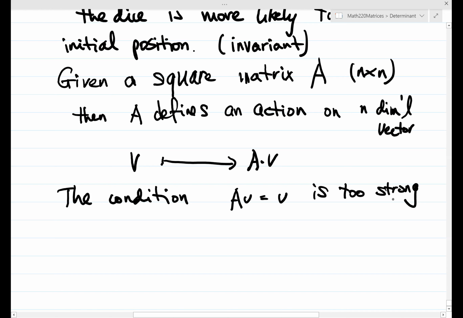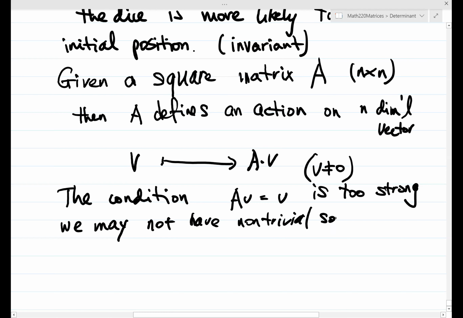Of course this always has the trivial solution: you plug in 0, you get 0. That's a boring solution. So we assume V is non-zero, and we may not have a meaningful or non-trivial solution.